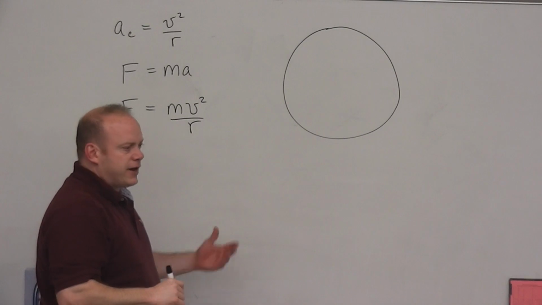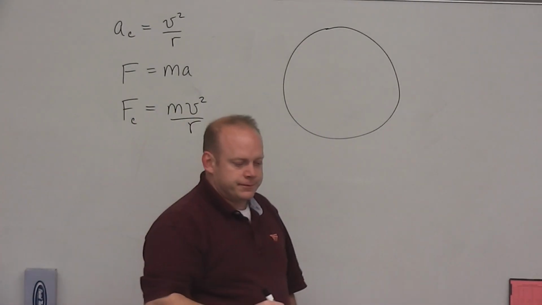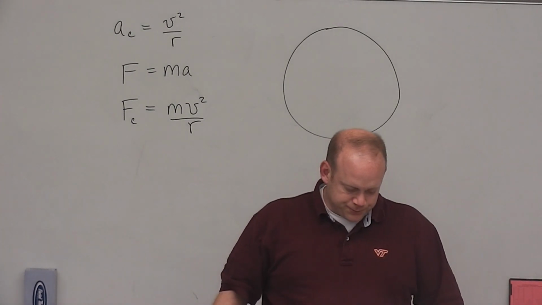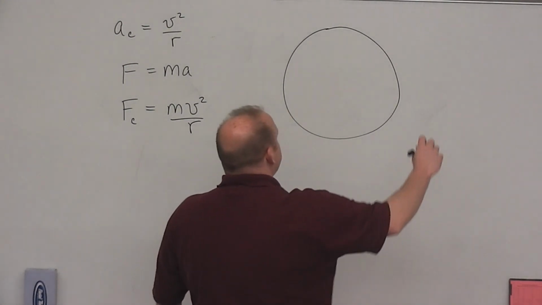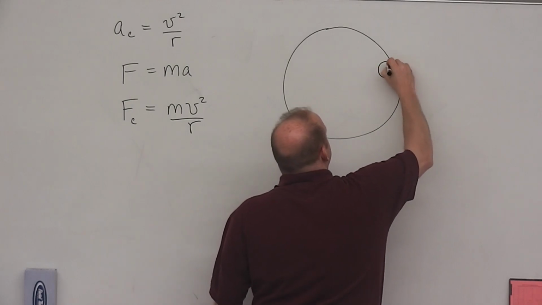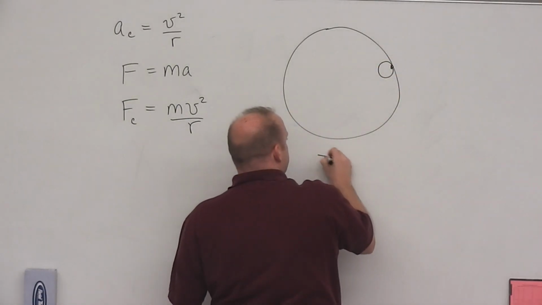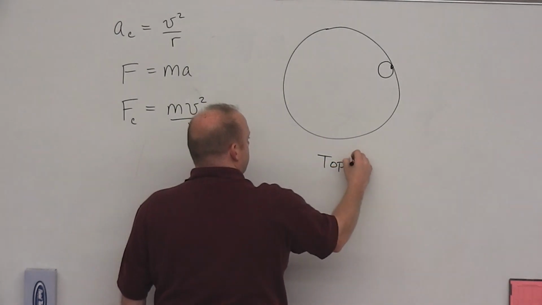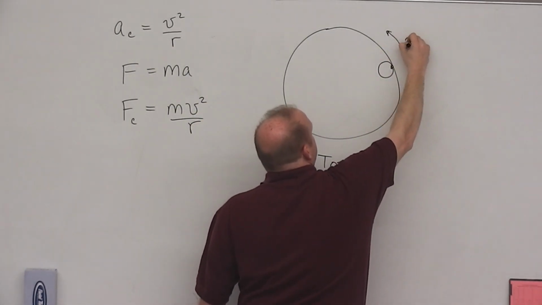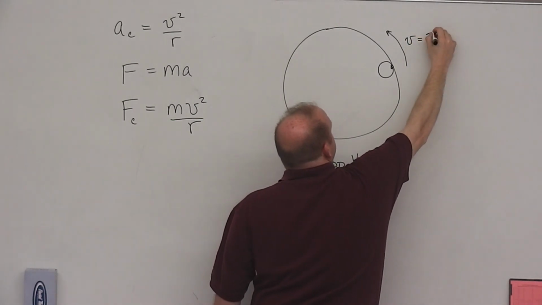Okay, this is like an old school playground merry-go-round. I'm going to say that the person on the outside here, it's a little circle with top view, is going to be going around. The speed of this person is going to be 3 meters per second.